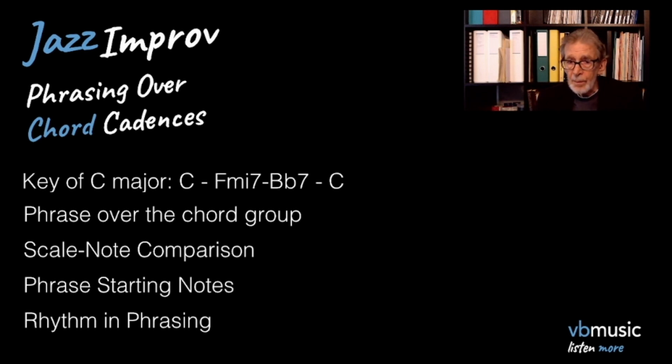Normally we would think of the B flat 7 scale basically as this. Which is really the scale on the 5th degree of E flat major. But in this case we're not going to be resolving to E flat major, we're going to be resolving to C, which is a particular characteristic of this cadence.